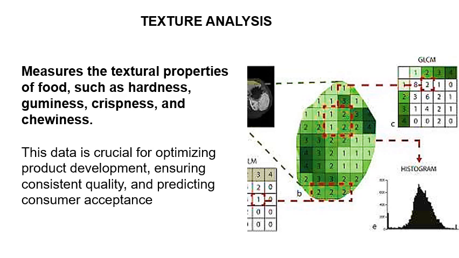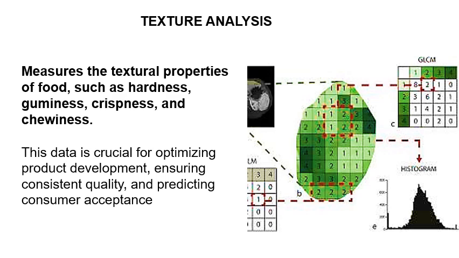So texture analysis is another tool. This is different from chromatography, it's different from spectroscopy. Texture analysis measures the textural quality of the food, the property of a food based on its hardness, smoothness, crispness, and when you chew them in the mouth, chewiness, gumminess, how they feel in your mouth, how this is being reflected.